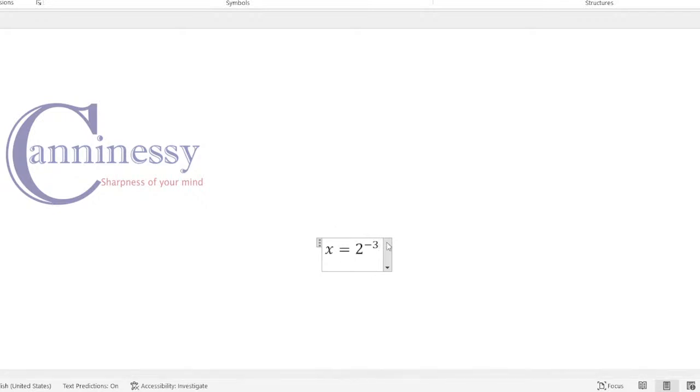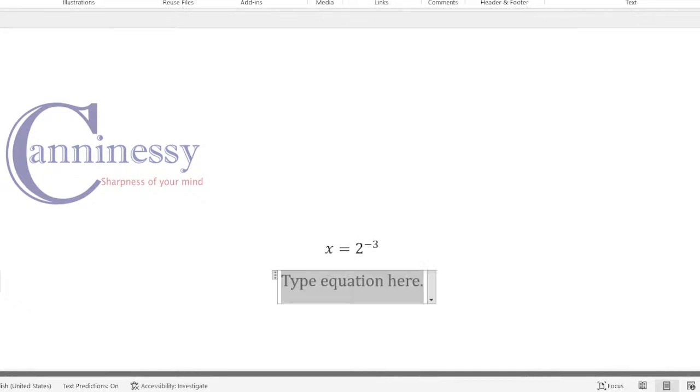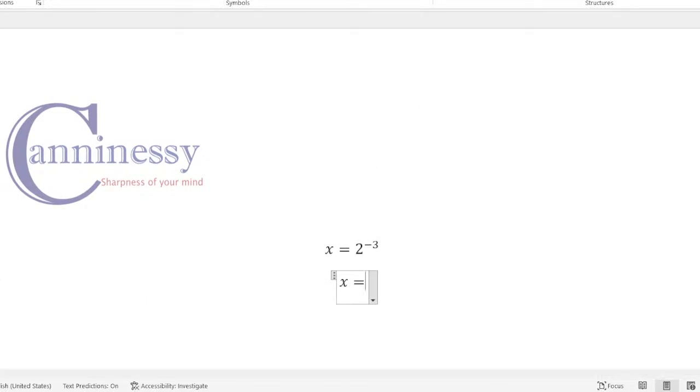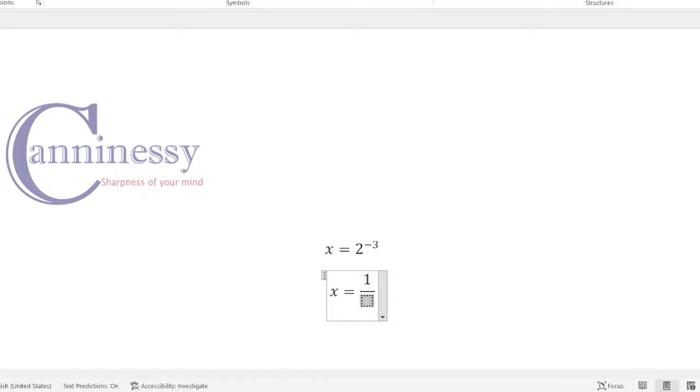So our answer will be x is equals to 1 over 2 to the power positive 3.